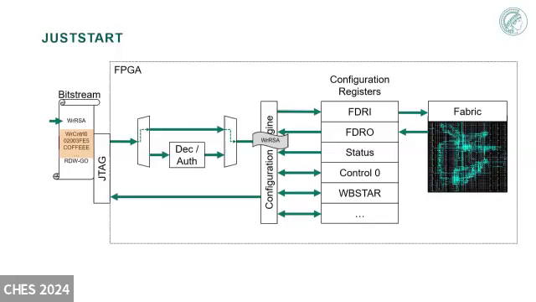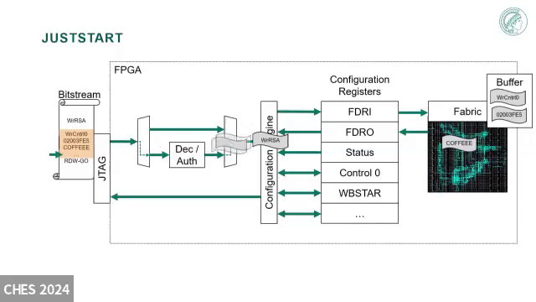Now all the bits coming next are first buffered, so they are loaded into the FPGA. While loading, they are checked, so the RSA signature is checked, and they are not interpreted yet.